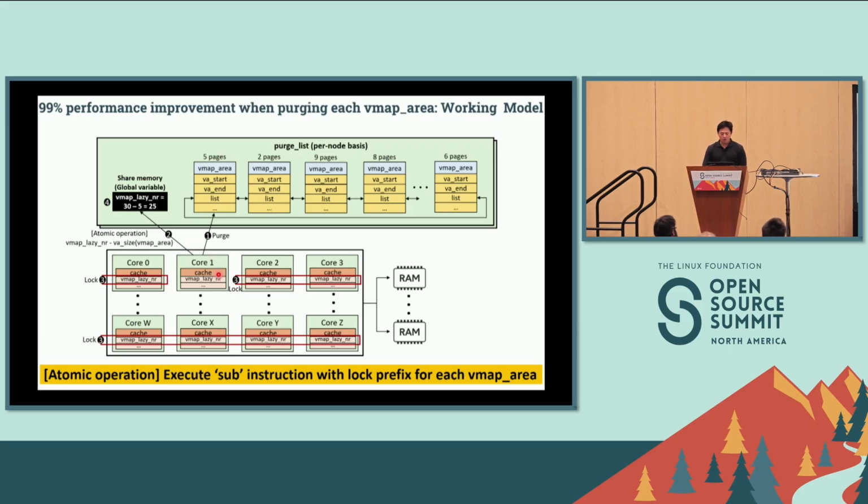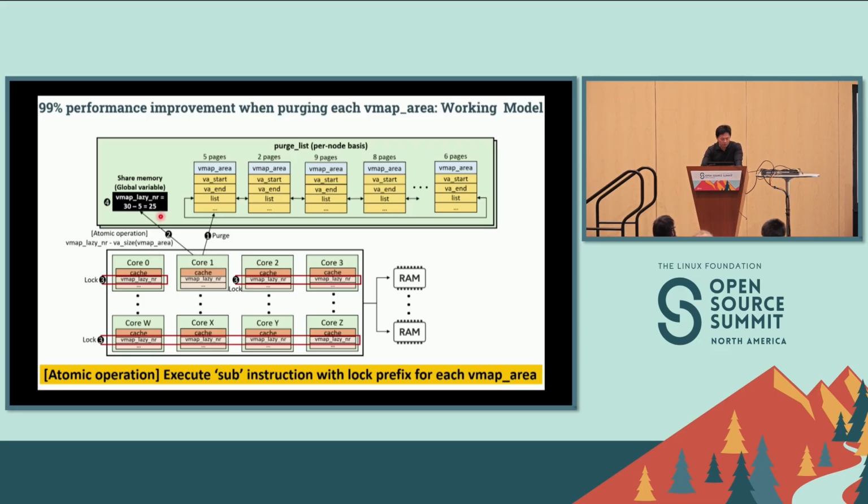And each core has its purge list waiting for moving them to the cache pool, like I mentioned earlier. And every time we purge a single VA object in the purge list, the core, the CPU, has to execute the atomic subtraction instructions on this global counter.